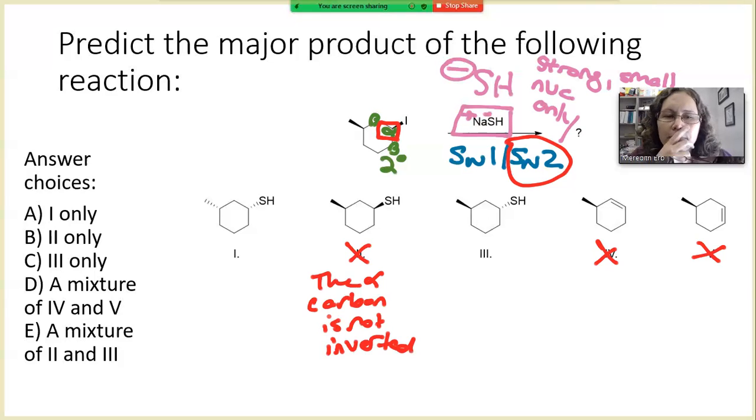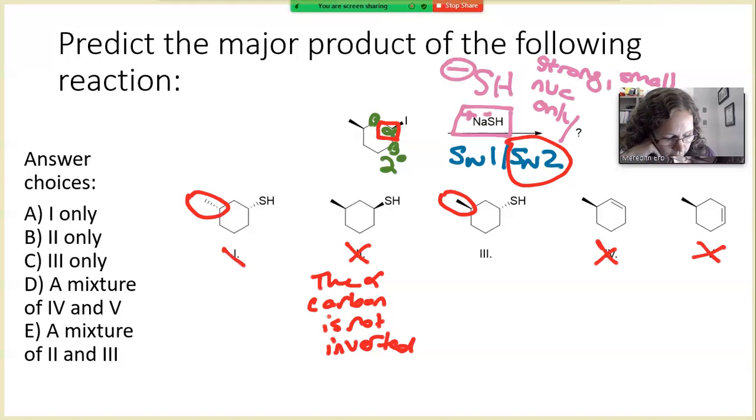The key here is to take a look at the methyl group that's coming off of the ring. In 1, it's dashed, and in 3, it's wedged. This is an area that some people struggle with a little bit: what happens to any other chiral centers that are present in the molecule? The answer is that they stay the same.